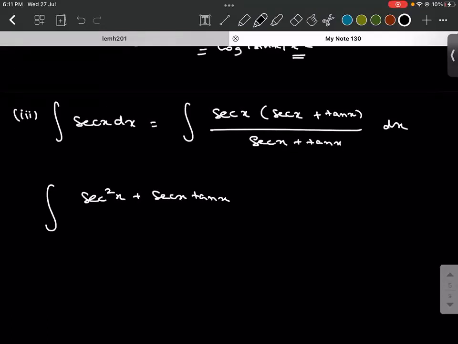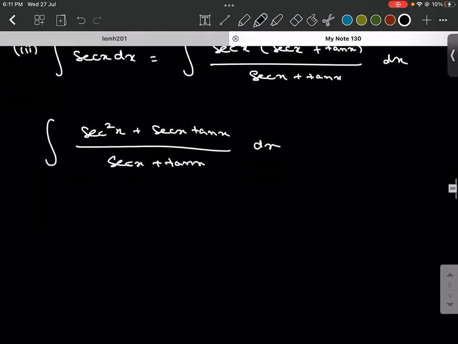Secant x. So since I have the sum of the derivatives of these two functions, I will substitute the denominator as t and then proceed. Does it make sense in this case? You're able to understand why we are only multiplying with secant x plus tan x in the numerator and denominator, not with any other function. Is that clear?